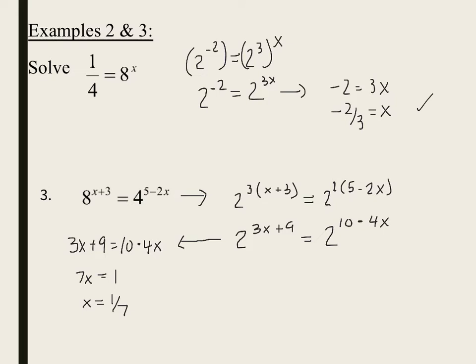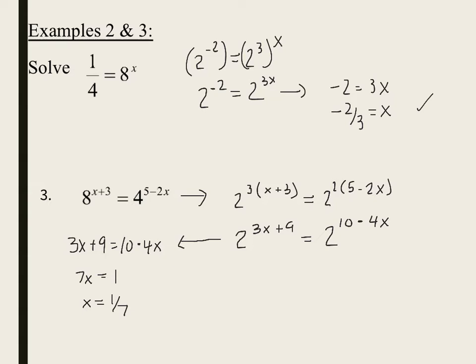So when we look at this particular problem, we started out and put it into a base 2 format, where we have 2 raised to the third power times x plus 3 is equal to 2 raised to the 2 power times x raised to the 5 minus 2x.